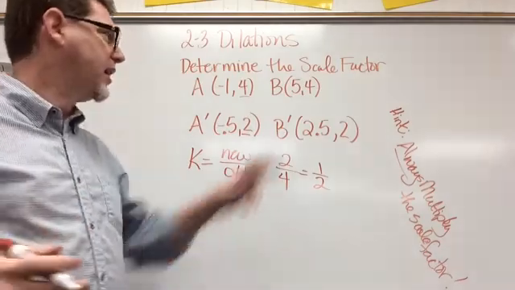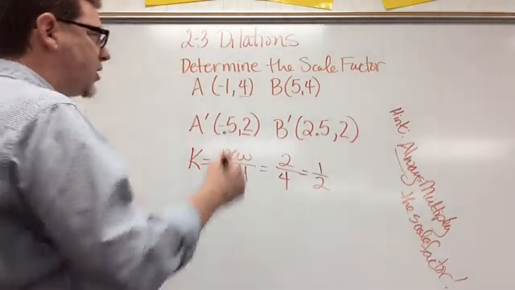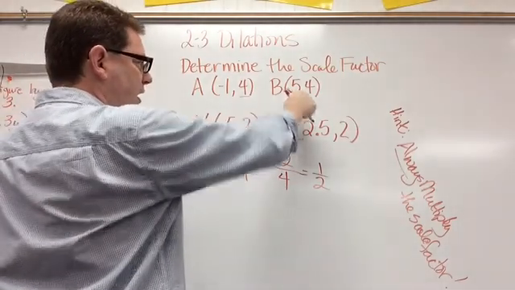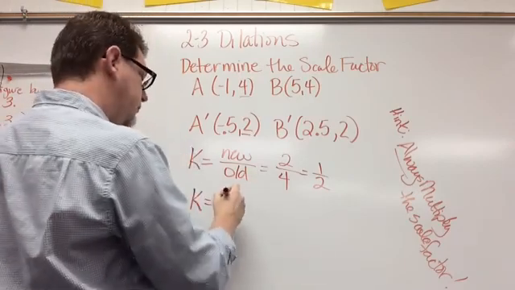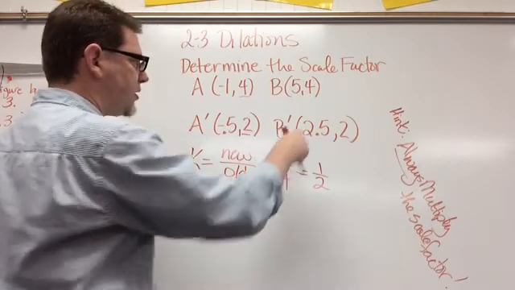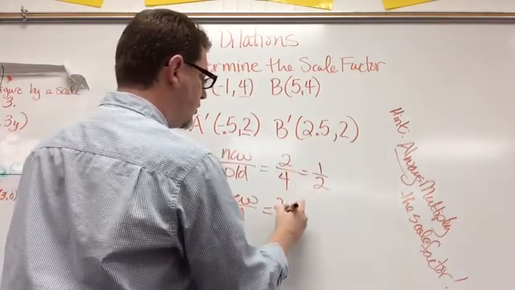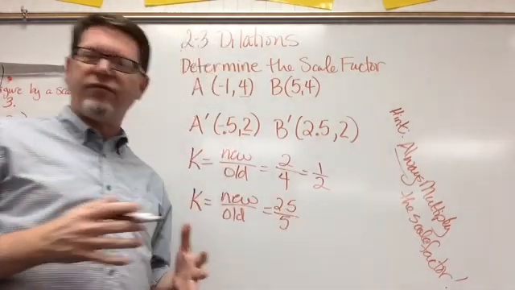Now let's verify that from one of the points on the B and just see if that's true. Okay? So the B has this crazy 5 and 2.5. So let's just test it to see if my new over old is the same. So let's do new, which is 2.5, over old, which is 5. Now, 2.5 over 5.